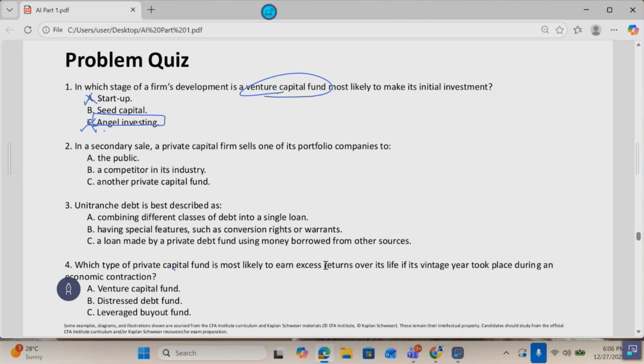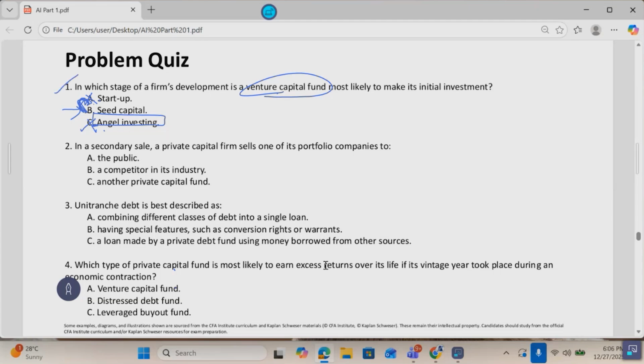So normally he tries to put in seed capital. Seed capital helps convert the idea into workable solutions. So remember, seed to startup is where they'll normally be involved, but seed would be the first step you can expect any venture capital fund to come in. But never angel, because angel investing is always by angel investors. Clear? So the answer is seed, not pre-seed, but seed.